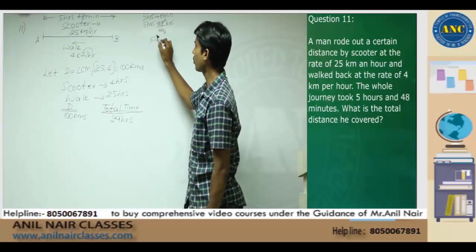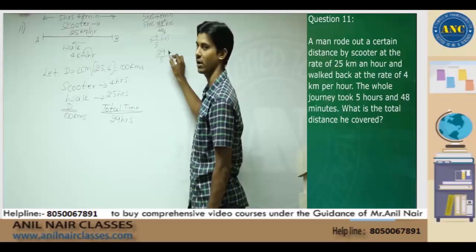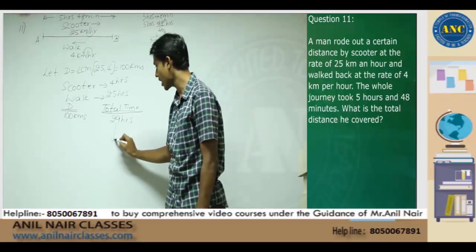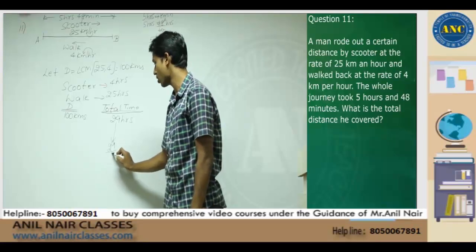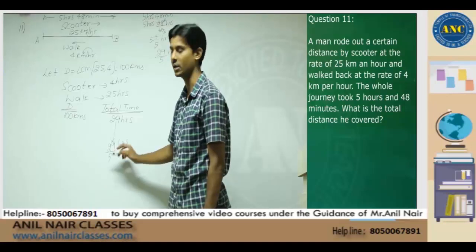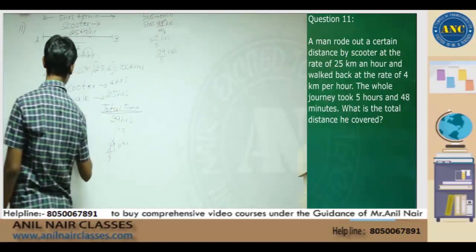So it is 5 4 by 5 hours, which is 29 by 5 hours. Total time according to me is 29. According to the question, it is 29 by 5. 29 is becoming 29 by 5, multiplied by 1 by 5. Here also multiply by 1 by 5.